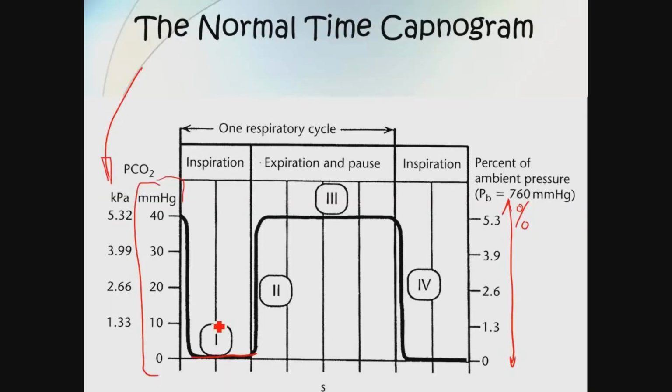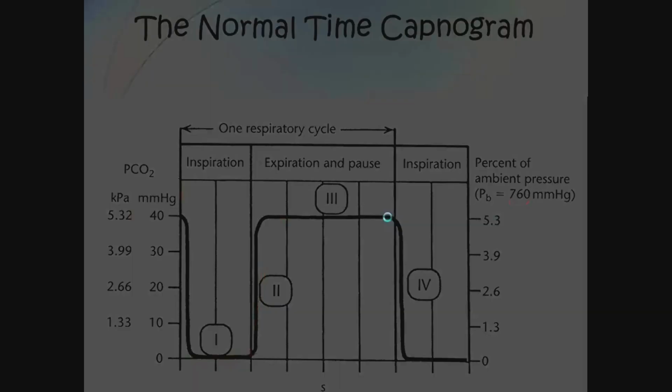So initially it's going to be very low, and then as it rises, it probably is not as square as this is depicted. It's more along this line, so that you don't reach the total CO2 until what will end up being a plateau and eventually an end-tidal value until the very end.